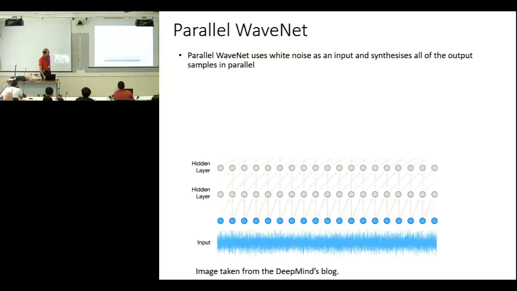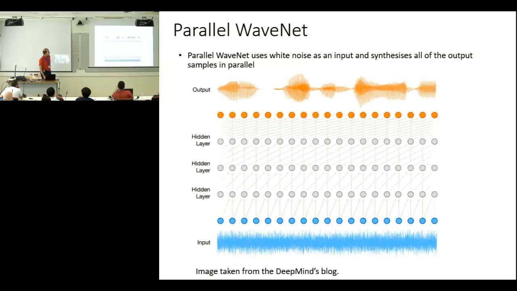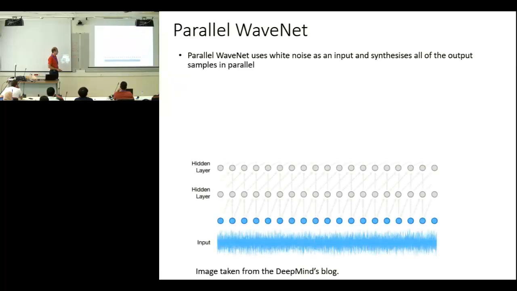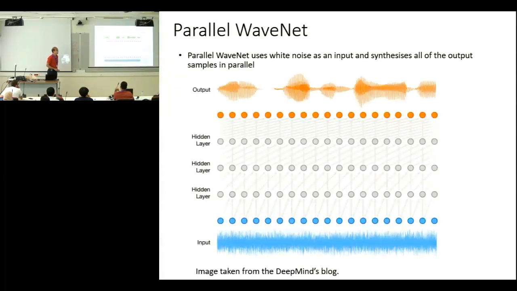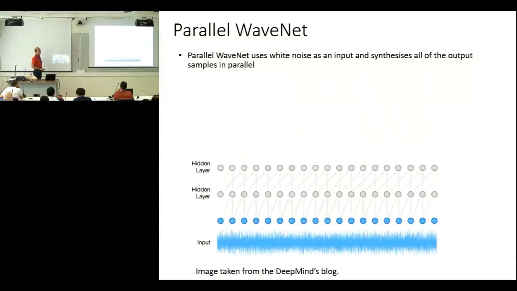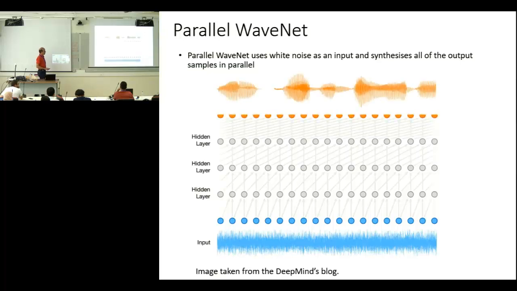On the other hand, we can have this Parallel WaveNet. Again, the image was taken from the DeepMind blog about Parallel WaveNet. And the difference here is the following.